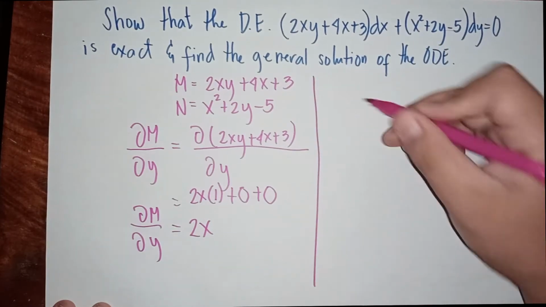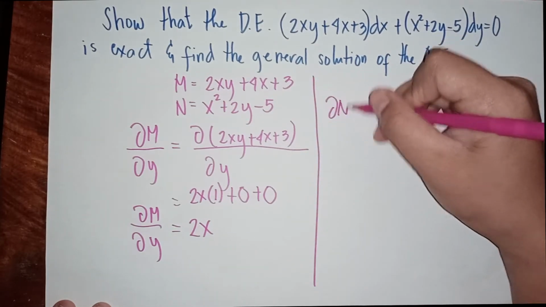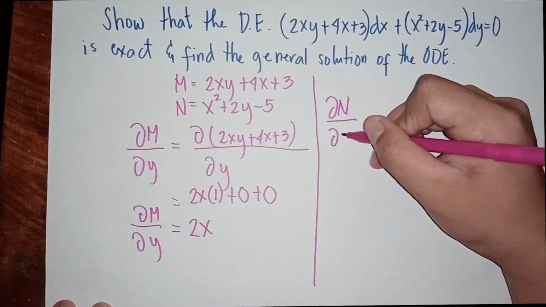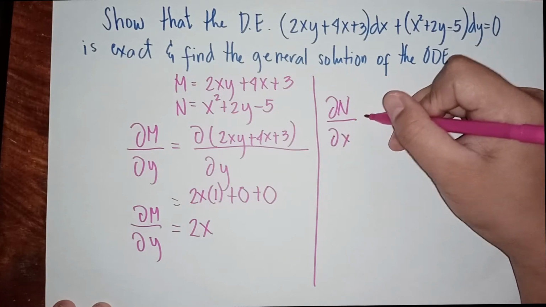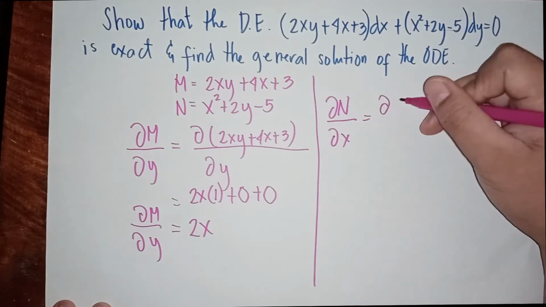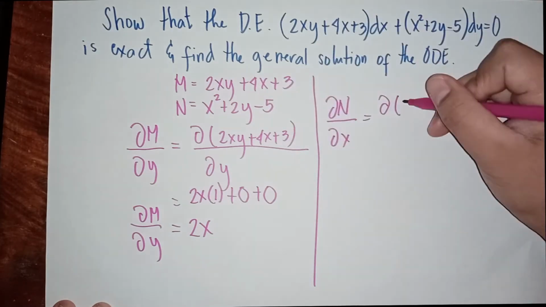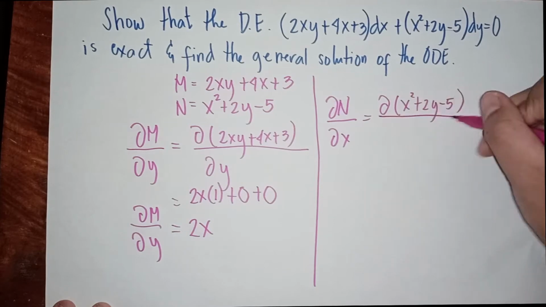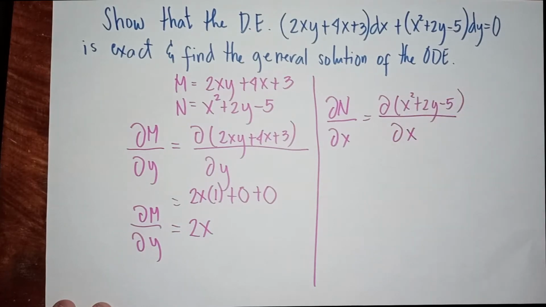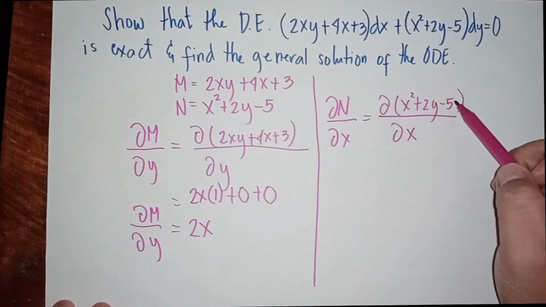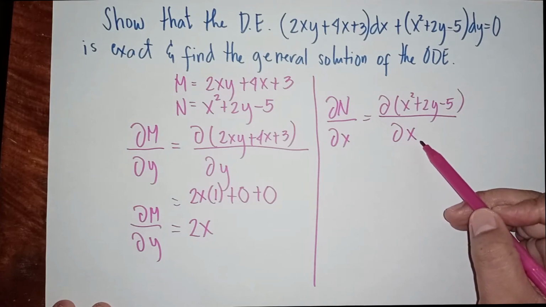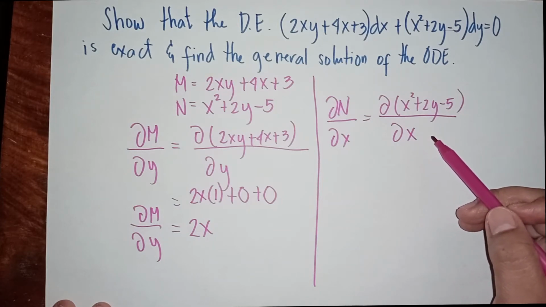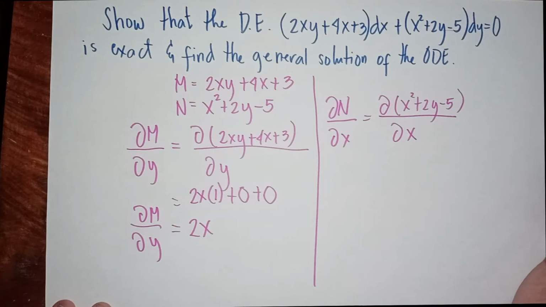Next, we are going to solve for the partial derivative of N with respect to x. That is equal to the partial derivative of our N, x^2 + 2y - 5, with respect to x. Since this is a partial derivative of a function with respect to x, we treat the variable y as a constant.